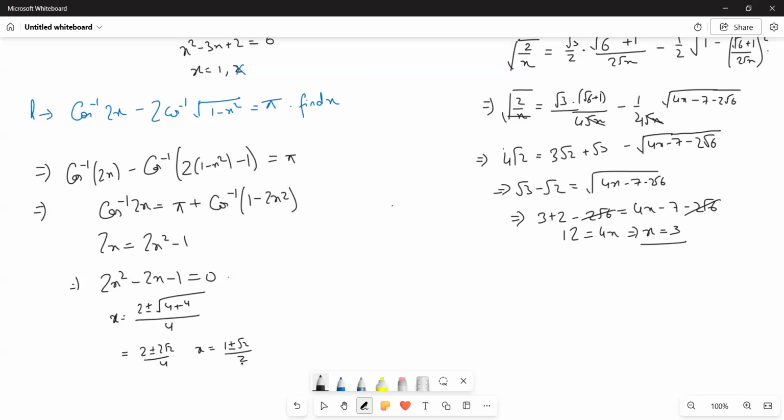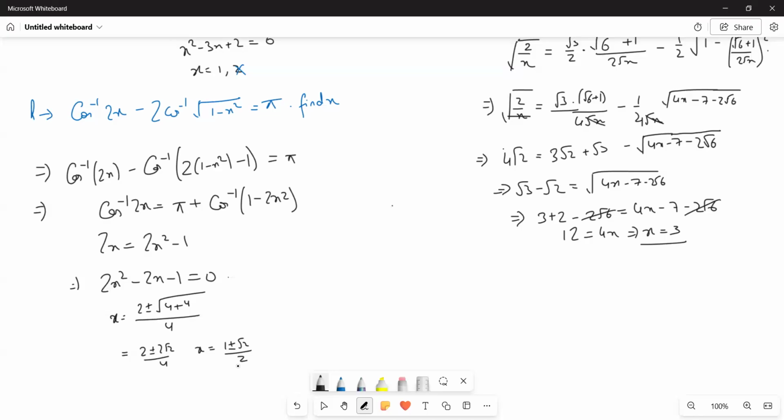Now we get two values of x, 1 plus minus root 2 by 2. Now which of them would be valid, which would be invalid, or both would be valid, or both would be invalid? What will it be?